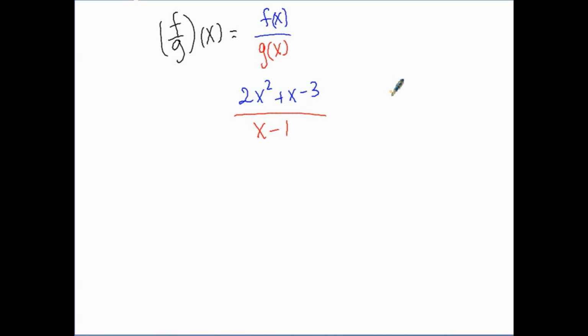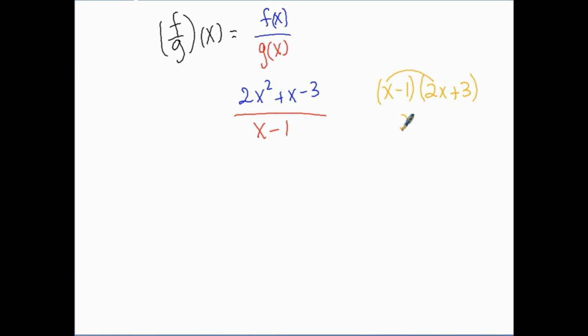So off to the side here, I'm going to have this x minus 1, and I'm going to see if I can factor the top numerator. So I know x times 2x is going to give me the 2x squared. And in order for me to go from a negative 1 to a negative 3, I have to multiply by a positive 3.